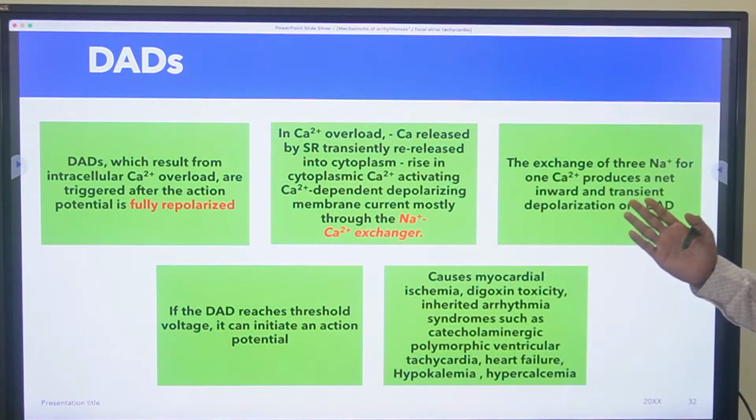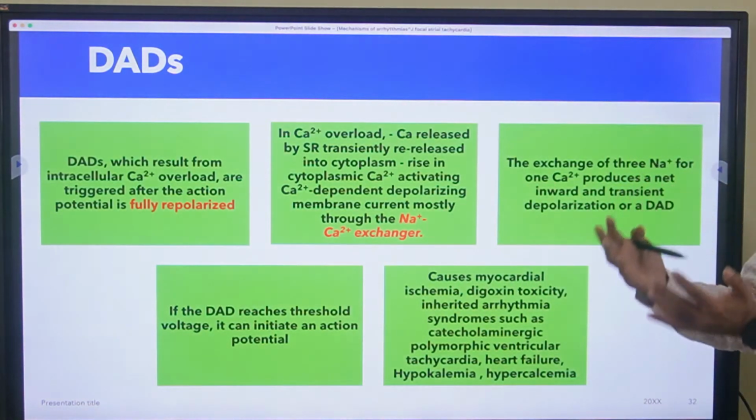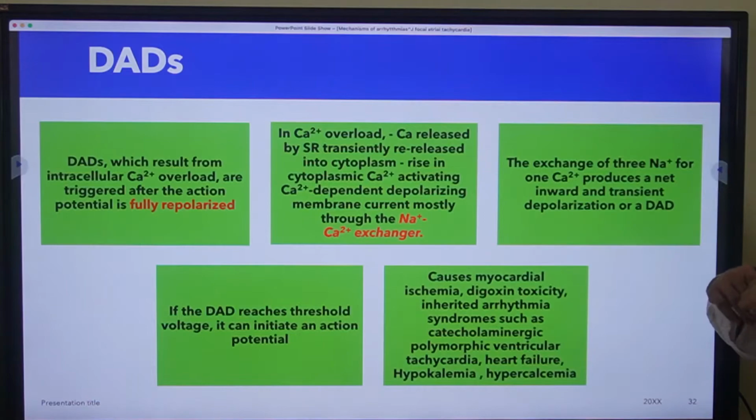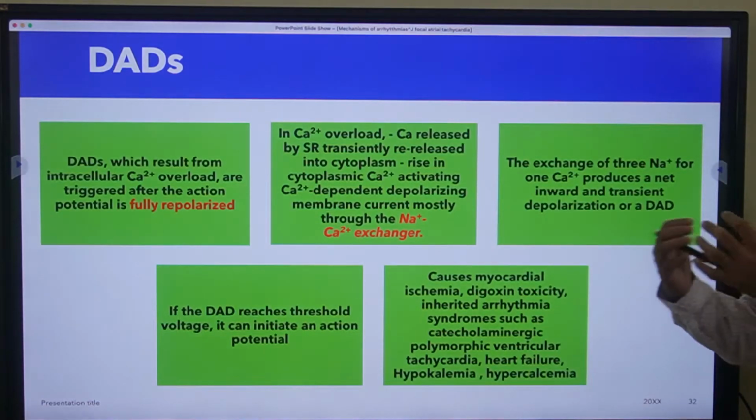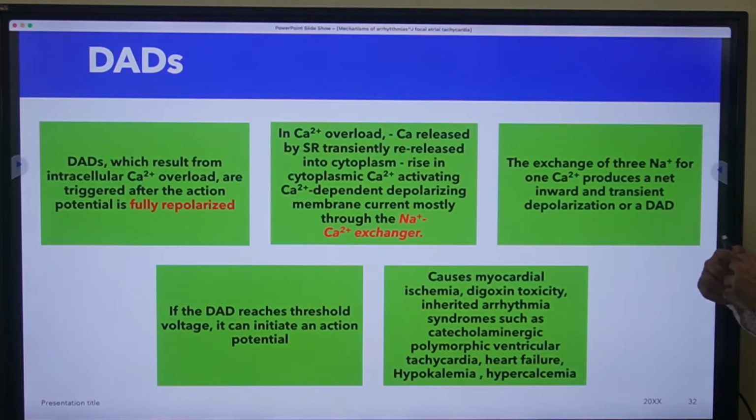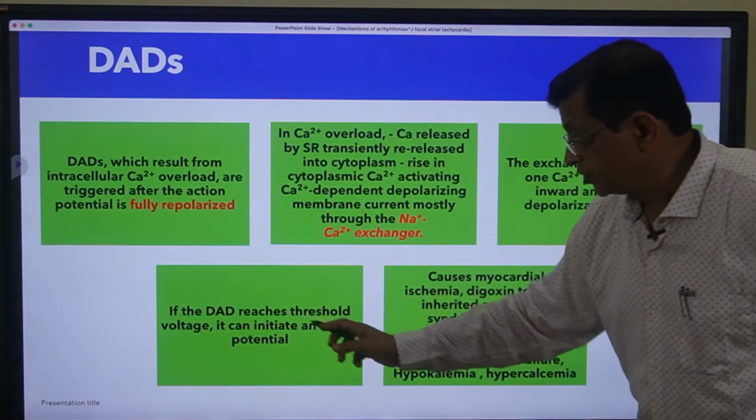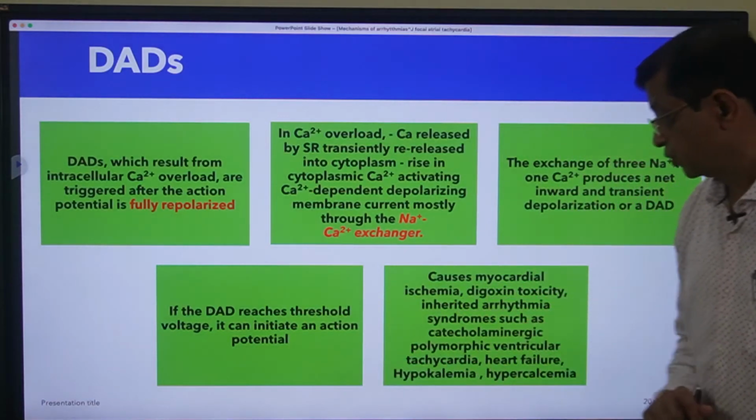This is a pump that pumps 3 sodium ions in for 1 calcium ion out, and this can cause entry of sodium ions, producing delayed afterdepolarization if it reaches the threshold level. If the DAD reaches the threshold voltage, it can initiate an action potential.